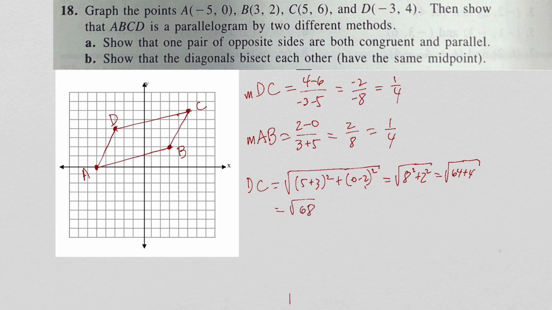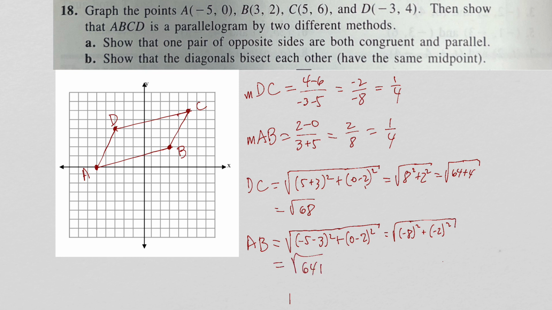Then we'll do AB. This is the square root of, here's my A and B, negative 5 minus 3 squared plus 0 minus 2 squared, which is the square root of negative 8 squared plus negative 2 squared, which is equal to the square root of 64 plus 4, which is the square root of 68.